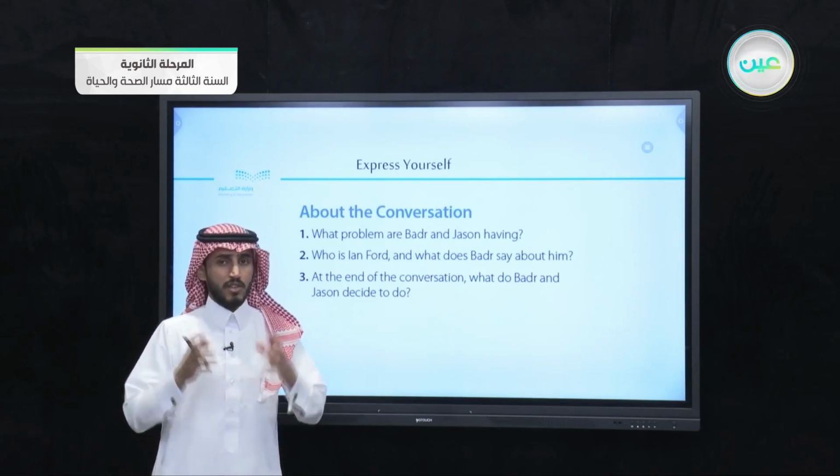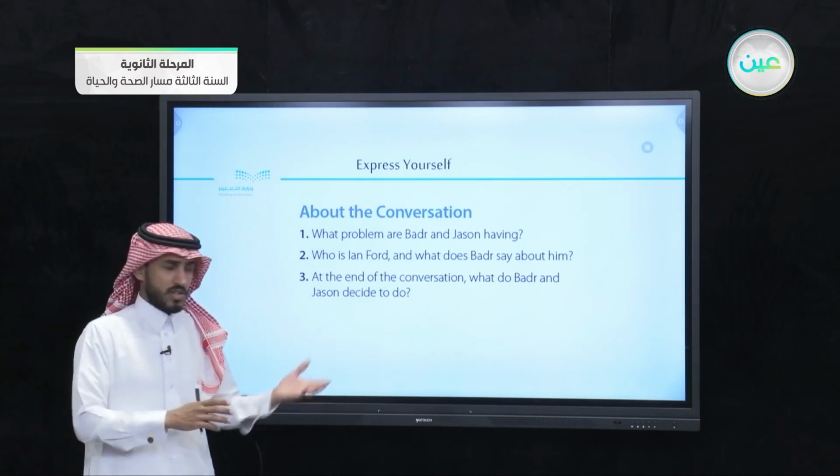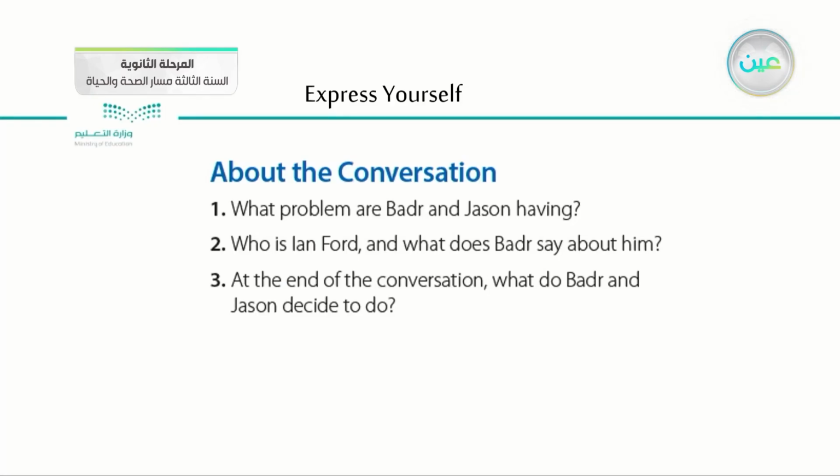We said that firstly, we start with identifying the key words in the question. For example, number one, what problem are Badr and Jason having? So we are talking about a problem. This question talks about the situation in general. It doesn't talk about a specific thing. So it talks about the situation in general. What is the problem they are having?